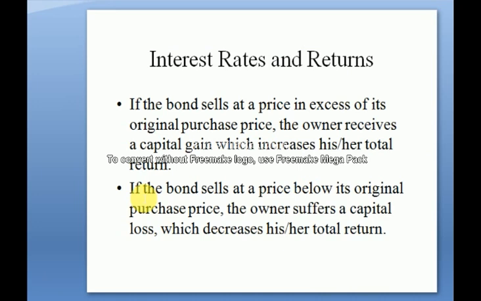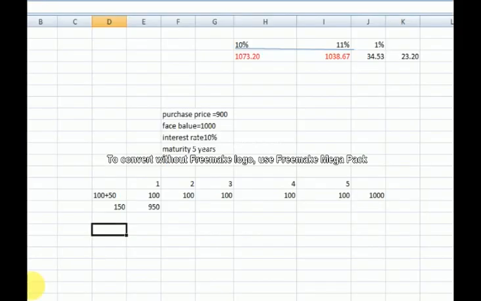In the second case, if the bond sells at a price below its original purchasing price, the owner suffers a capital loss, which decreases the total returns. How? Look at it. In the second case, we received 100 interest after 1 year. But when I looked at the market, the market price of the bond had decreased further to 800.